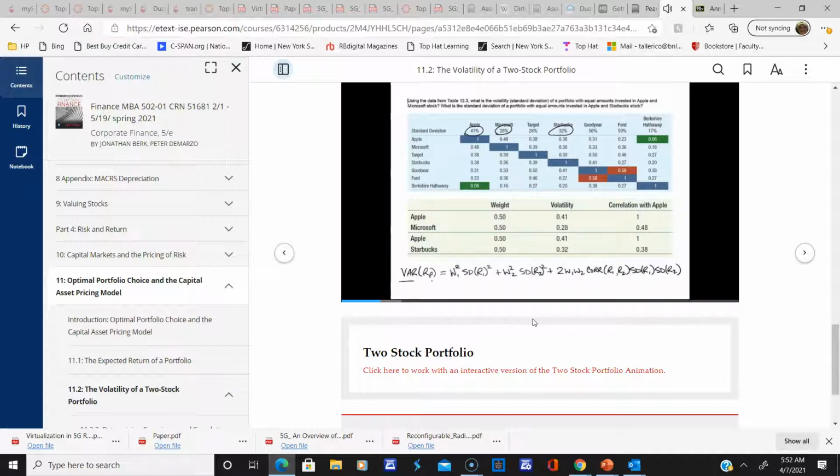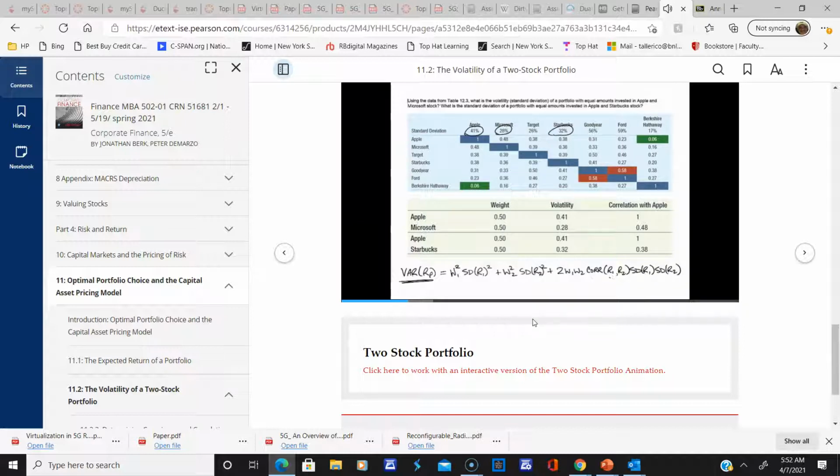If you look at the formula for the variance of the portfolio, we need to know the weights, how much money we're going to put in each of the stocks, what proportion of our money we're going to put in them, their individual standard deviations, how risky they are on their own, and then we've got this third term that accounts for how they vary together, their correlation.